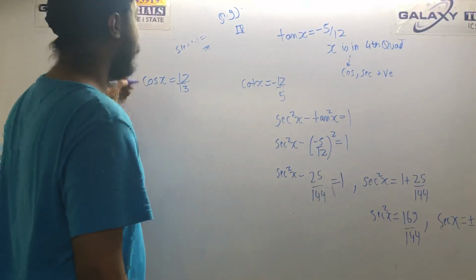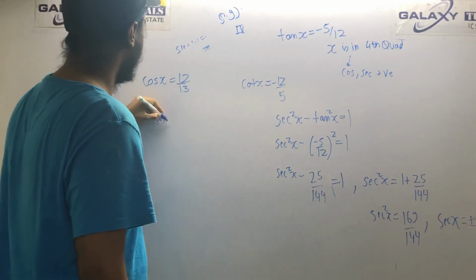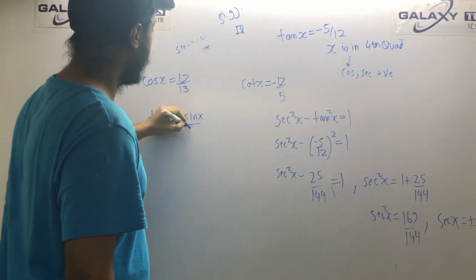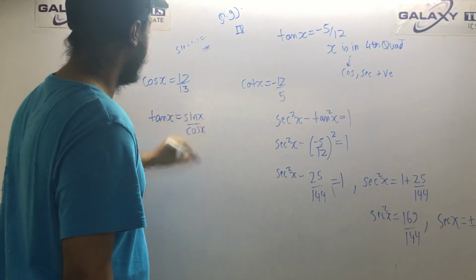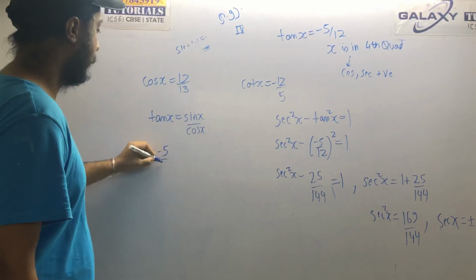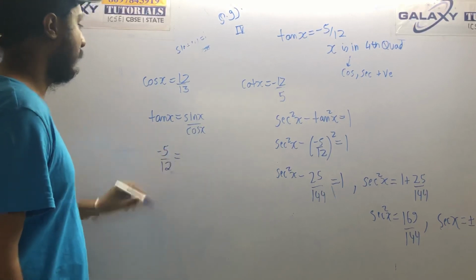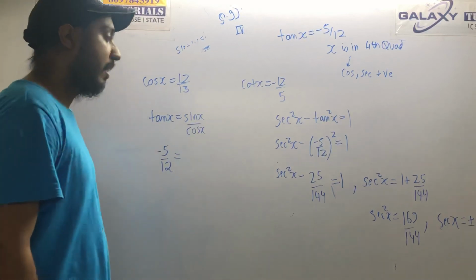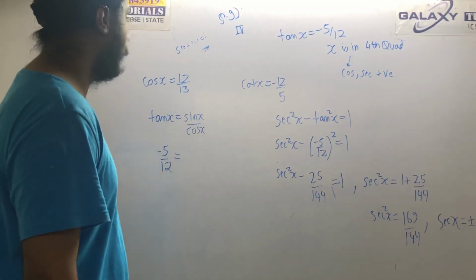Now you know the value of tan x. Tan x is equal to sin x upon cos x. Tan x is minus 5 by 12. And what will be the value of sin x?